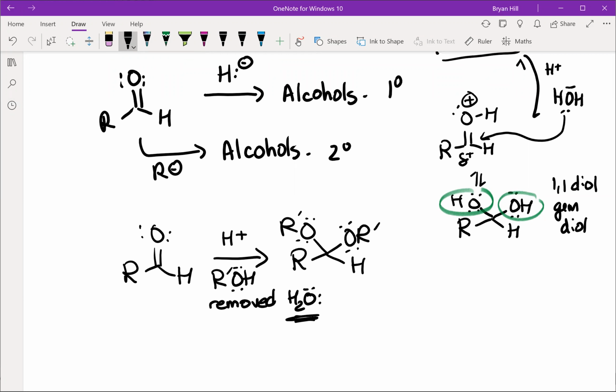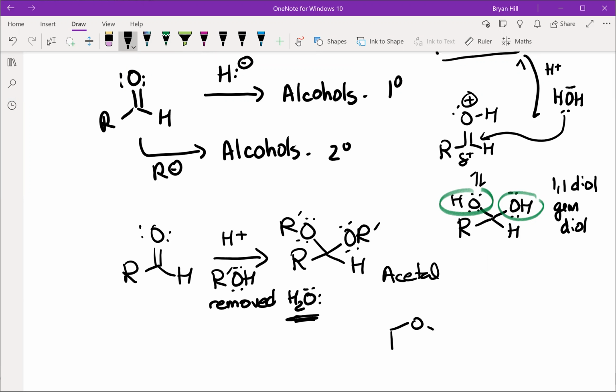This type of functional group, anyone remember what it was called? Sugars have this, well, disaccharides have this functional group in them. An acetal. Right, that's it. Acetal, right. So acetal. And monosaccharides would have the hemiacetal.